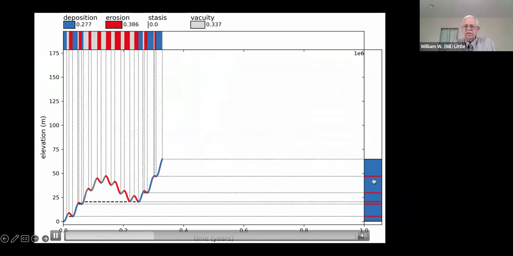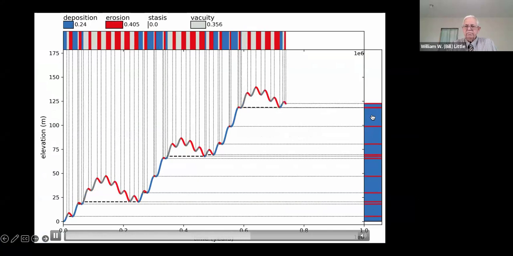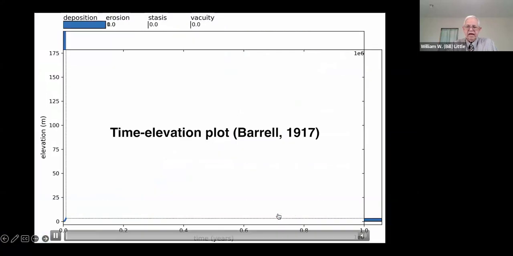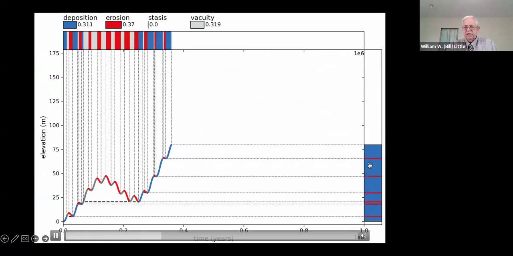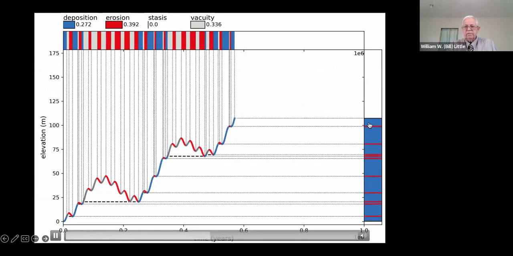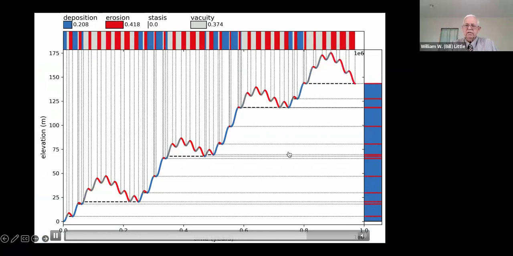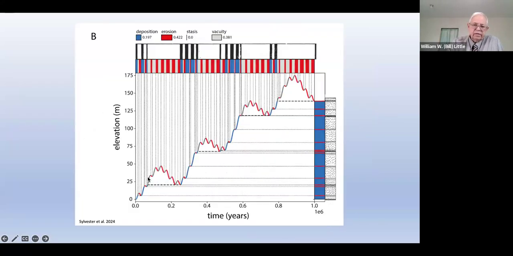Over here on the right, notice that the deposits rise and fall. We'll play that again. I know it's a little bit fast. So deposition, erosion, deposition, erosion, deposition, erosion, back and forth through time.